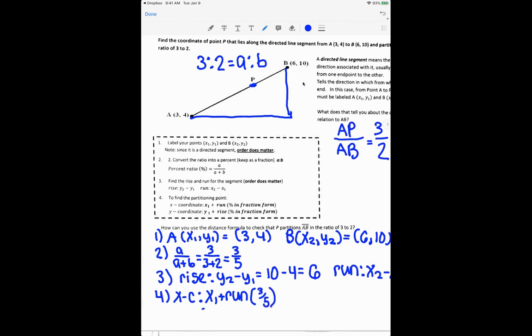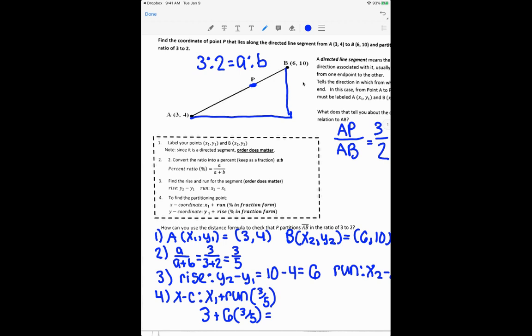So our x1 is 3 plus our run, which we found in step 3, was 6 times 3/5. So then you would go through and simplify that, and you can keep it either as a fraction or you can convert it to a decimal form, whatever you prefer.